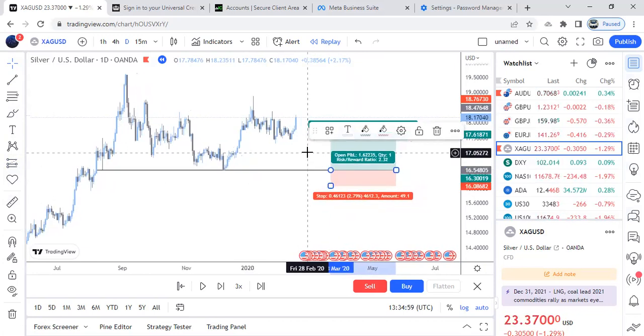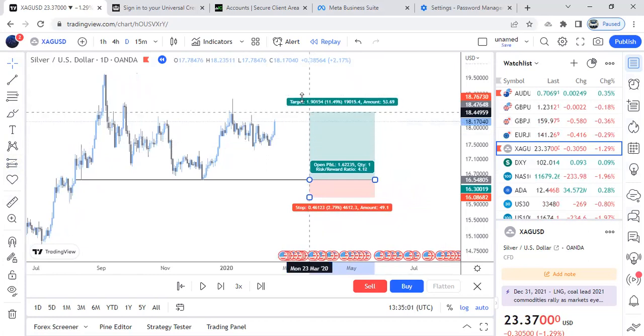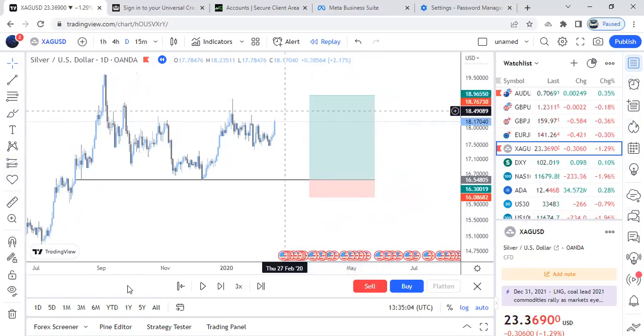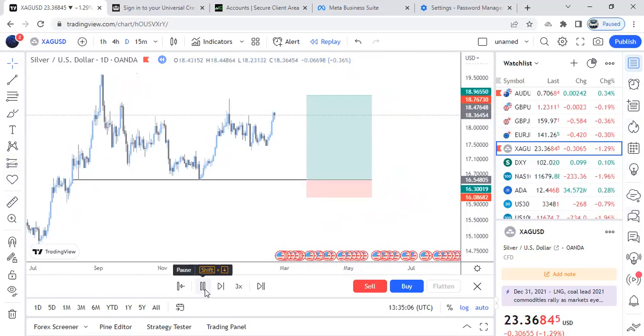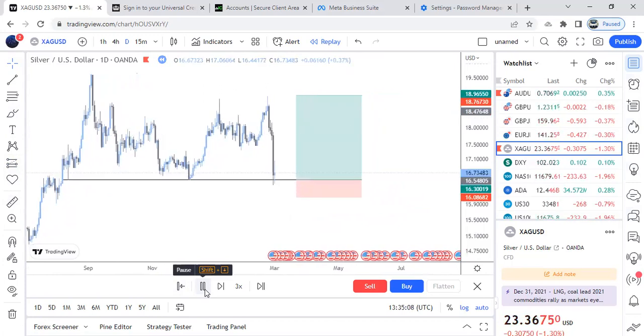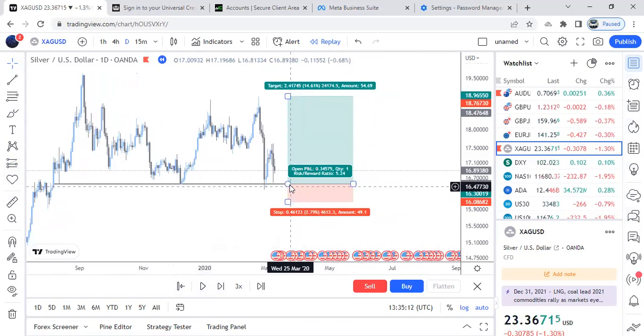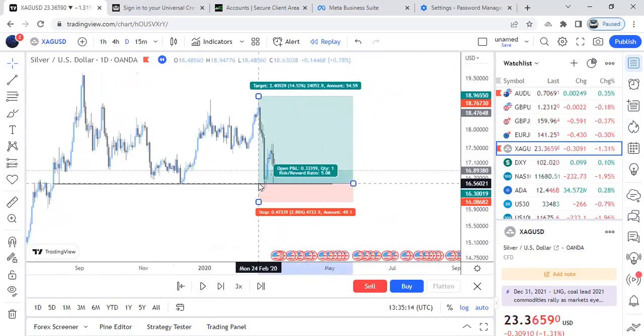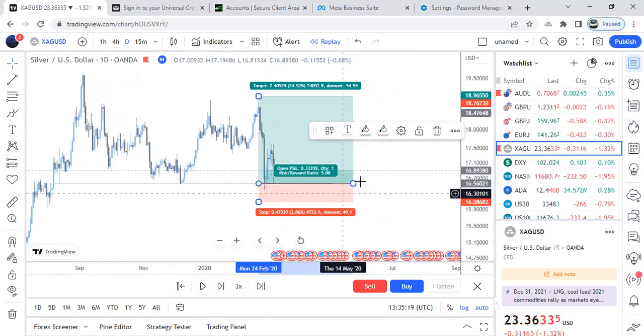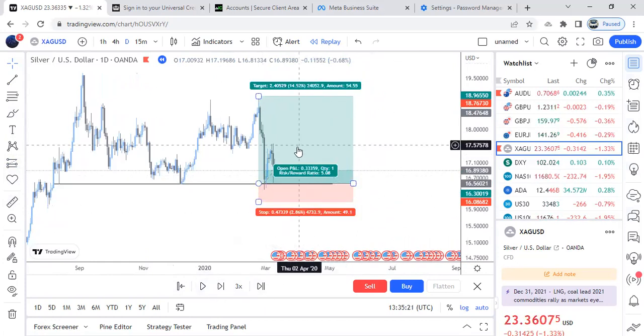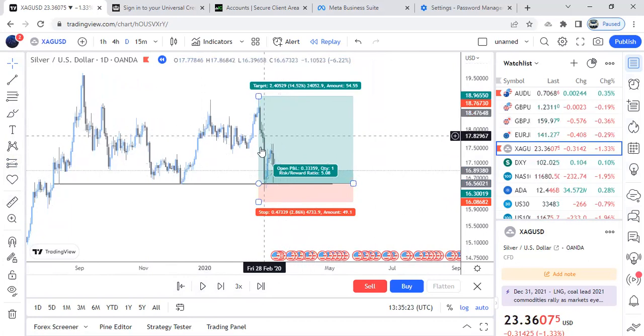Let's see. Okay, so this one, look at this market drop and came down here.